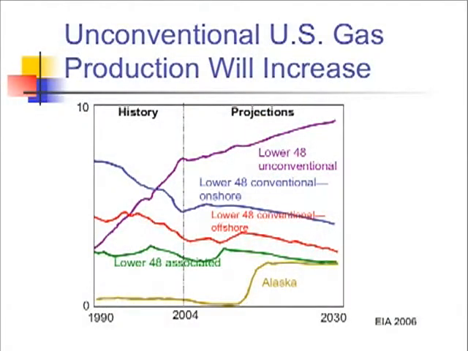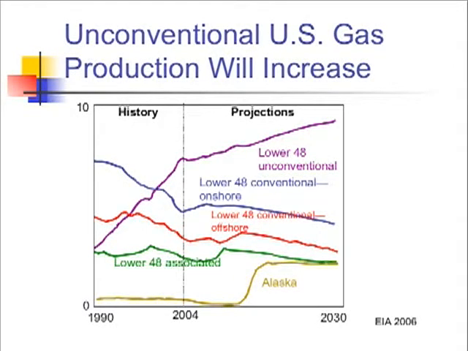What I've shown here is a plot of the annual energy production in trillions of cubic feet versus time. The historical period is from 1990 through the end of the year 2004, which was the latest information the EIA had when it made this forecast.